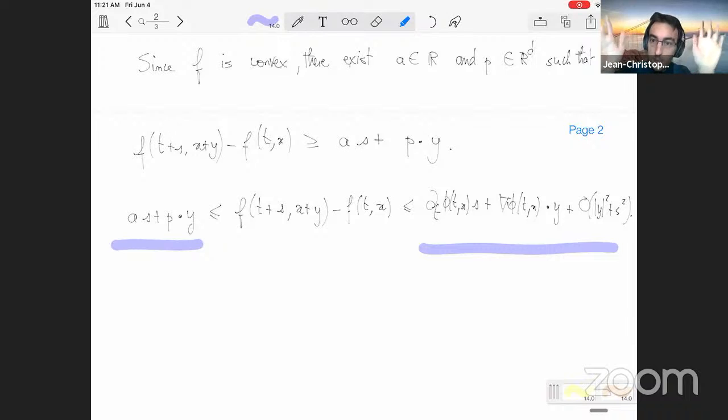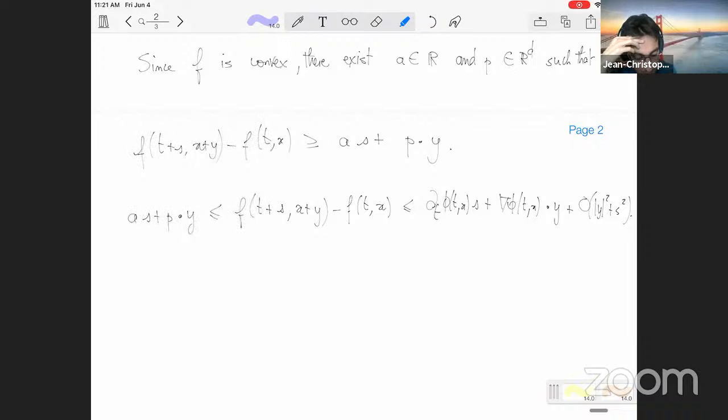So this is only possible if the slopes are the same. So if you want this inequality to be valid, it has to be that A is the same as this guy and P is the same as this guy. Okay. This we have already used when we were thinking about the derivatives of the convex functions converging, if you remember.